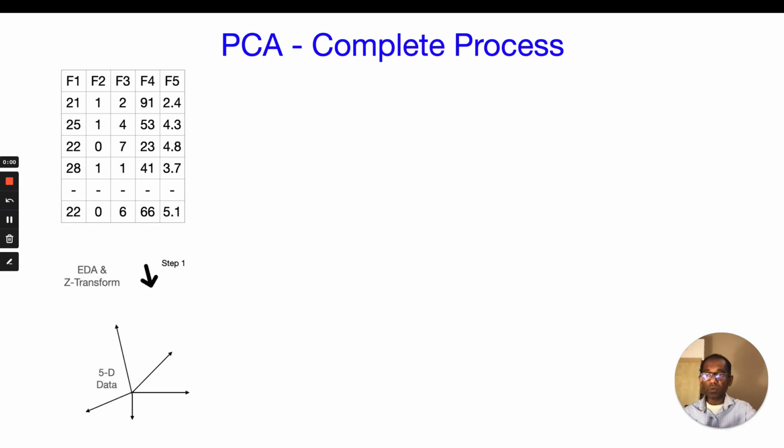First, I want to do exploratory data analysis and prepare the data. I also want to do a Z transformation because sometimes we have variables with high values and some with low values. We don't want the high value ones to dominate over the low value ones. So I want to do a Z transformation and bring all of them onto one scale.